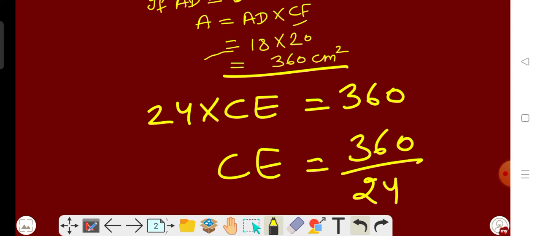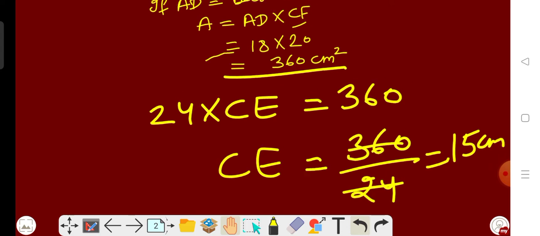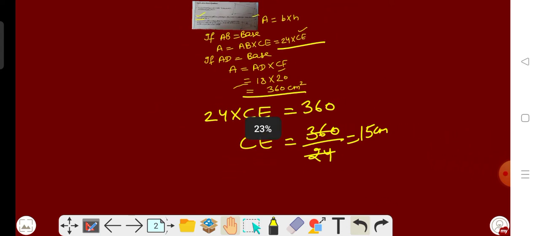After dividing 360 by 24, we get the value of CE, that is 15 centimeter. This is the solution of your question number 6, in which you have to find the value of CE, and that is equal to 15 centimeter. I hope you all got it. Now we will do the next question.